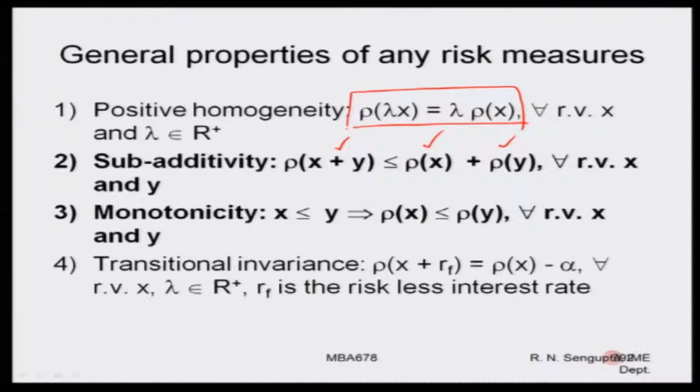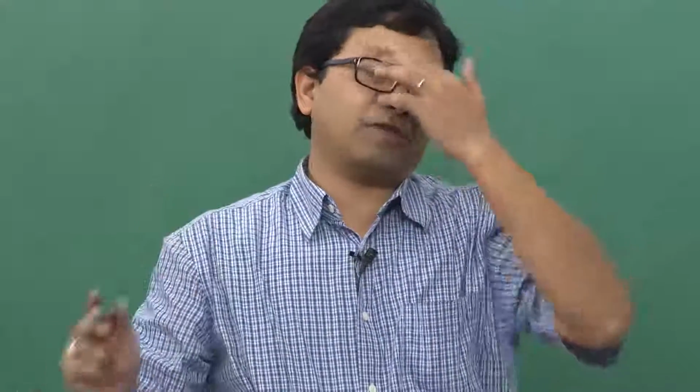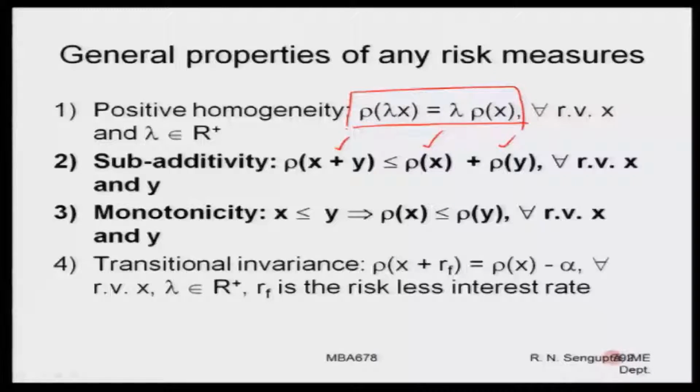The next one is monotonicity, which means that if there are two different assets in different proportions, and the overall risk measure of one asset is less than the other, then this property of monotonicity would also hold true for different combinations of the assets you take.